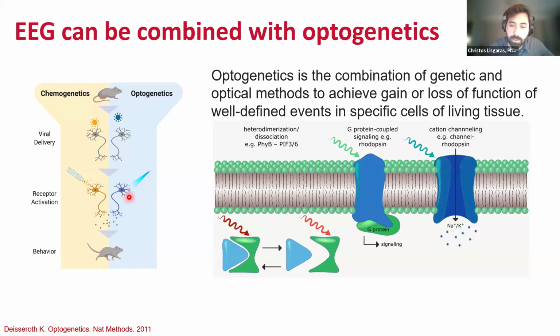So we express this virus in an area of interest, and then we implant an optical fiber so that we can deliver light stimulation at the area that we are interested in. So that gives us the opportunity to manipulate cell types of interest just by shutting them off or activating them.